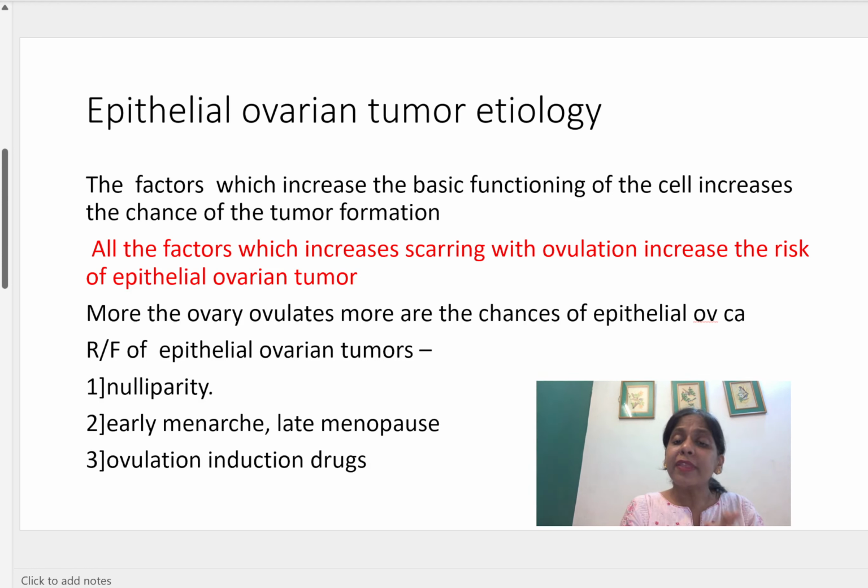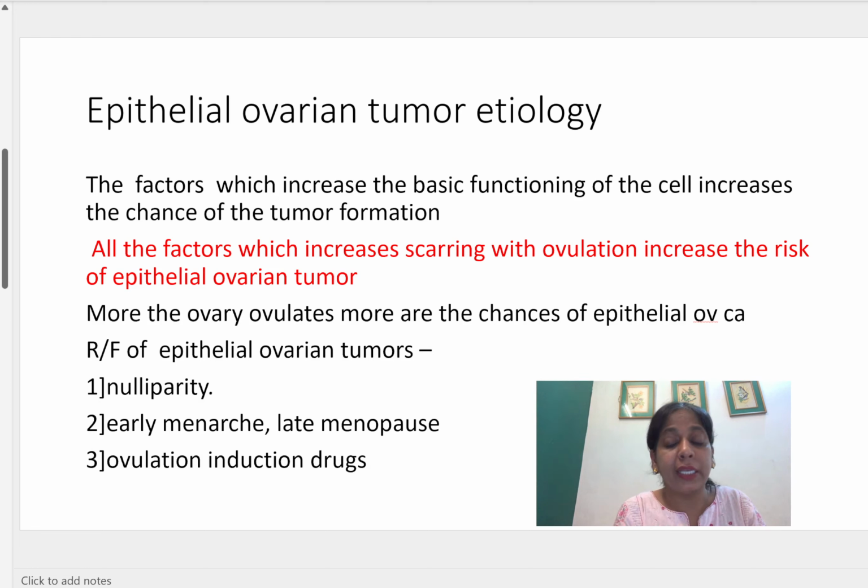So if the patient is nulliparous, it means her ovulation has not rested, which predisposes the patient to ovarian tumors. The other factor is early menarche. The earlier the menarche, the earlier the ovulation starts.